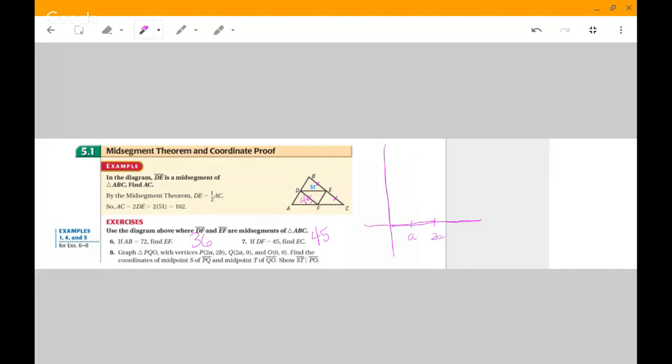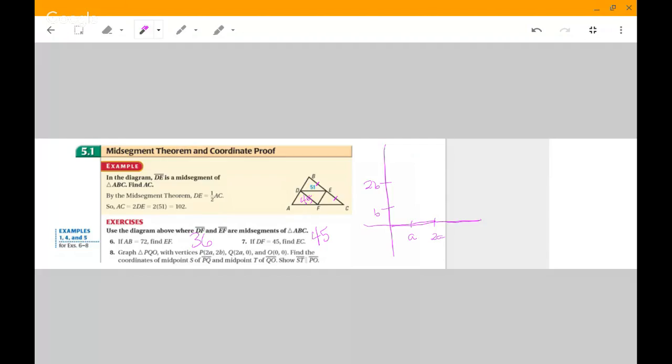Yes, ma'am. And then the same on the y. Here's B, so this could be 2B. So where's the point 2A, 2B? You go over 2 and then go up 2. So there's point P. Point Q is 2A, 0. So what do you do for that one?